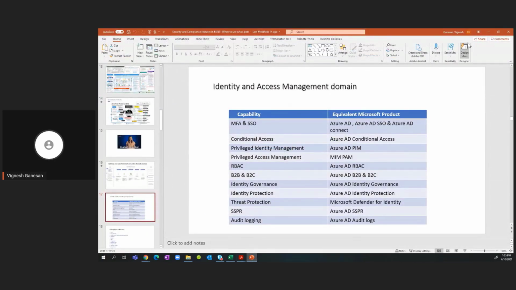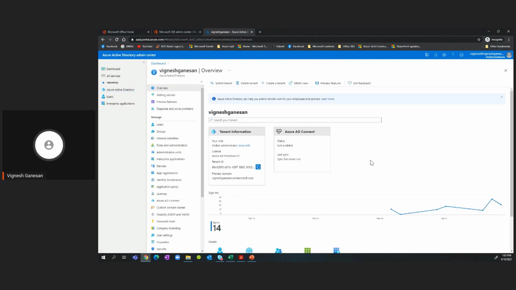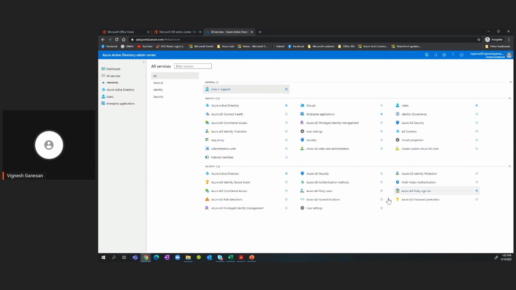So we have all this figured out, right? So if I'm going here, you can see a lot of such components. Just think through this lens, right? Maybe if you're going to all services, and take a look at this from a security standpoint. This is what I'm majorly focusing on. So you have the Azure AD multi-factor authentication, which is giving you the MFA capability, right? Then if you want to figure out, hey, how do I go about conditional access, right?